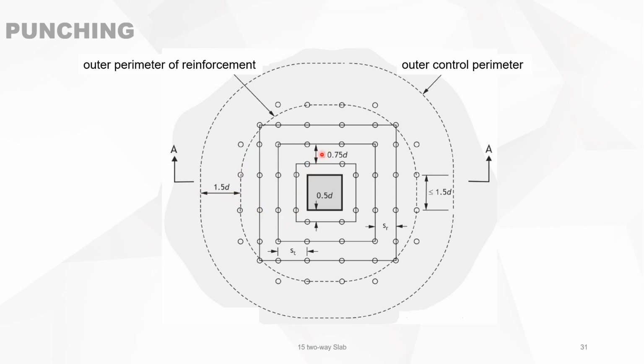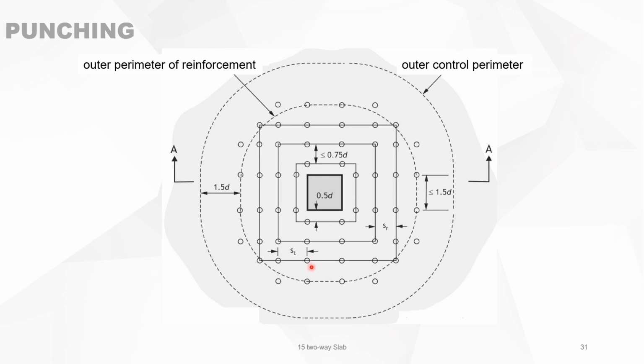The distance between two reinforcement perimeters must be smaller than 0.75d. The first perimeter must be between 0.3 and 0.5d within this limit. And then SR is the radial distance between two perimeters, and ST is the tangential distance between the punching reinforcement.